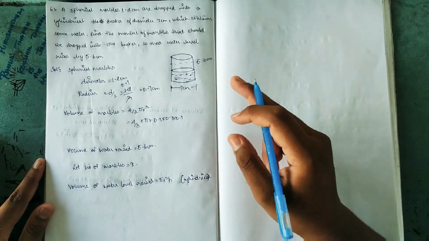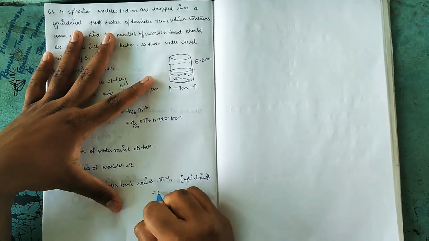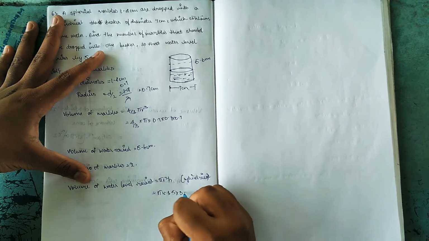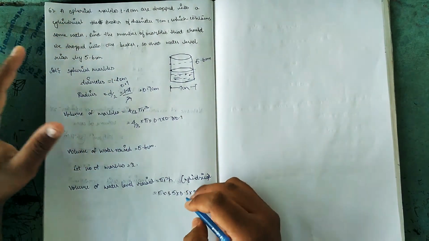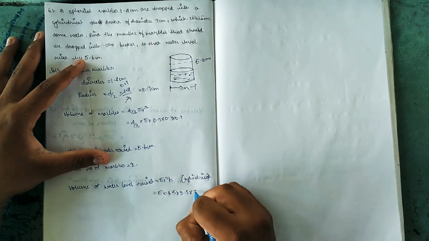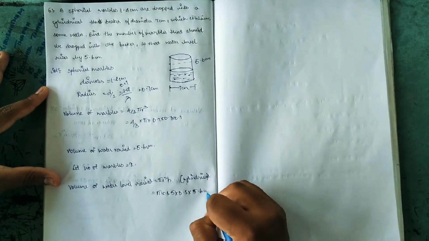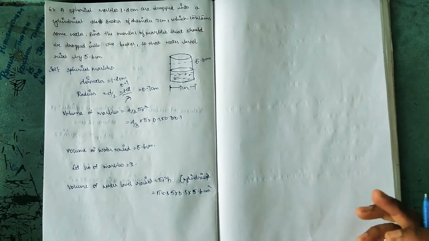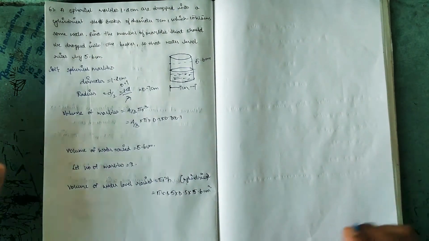Volume is equal to pi r square h, which is pi, we will take pi as it is, into 3.5 into 3.5 into h. The height we have got is 5.6 centimeters. So the volume of water raised is pi into 3.5 into 3.5 into 5.6 centimeter cube. Therefore x into volume of a marble is equal to the volume of water raised.